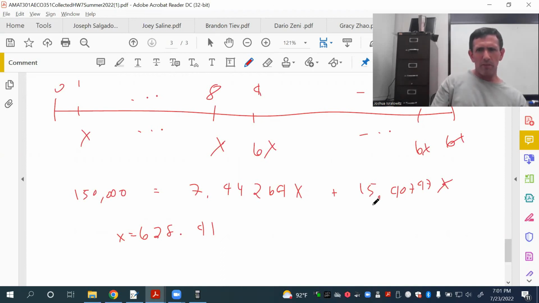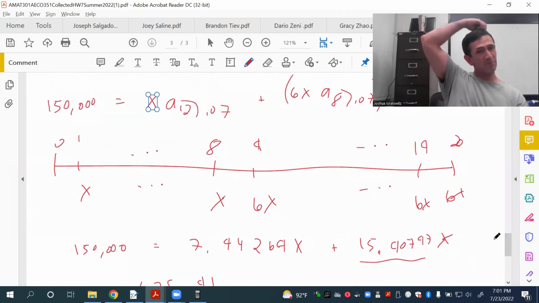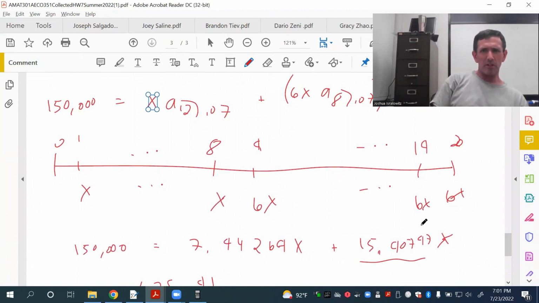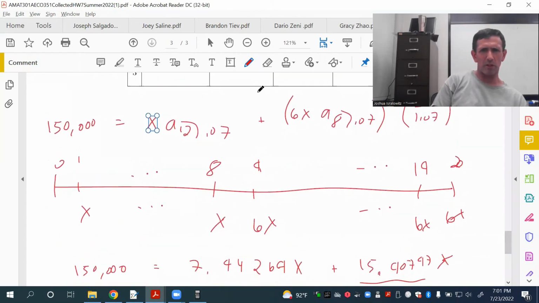The one thing I want to emphasize is, so yeah, in this case where you have these payments here, sorry, so it's 12 payments, so this should be a 12.